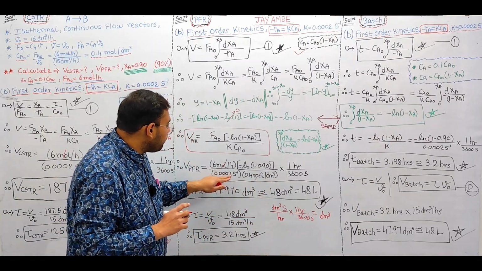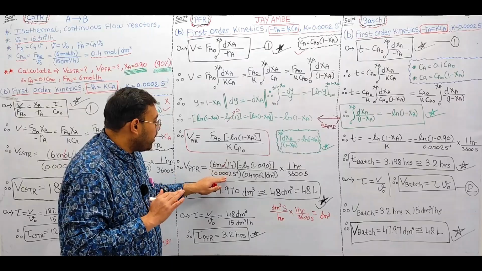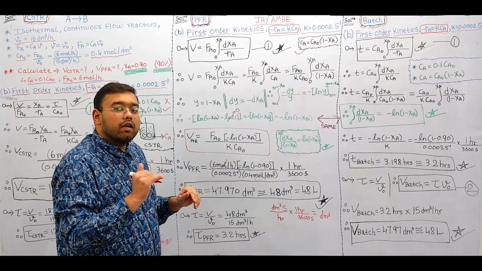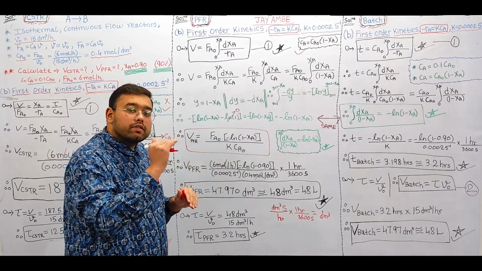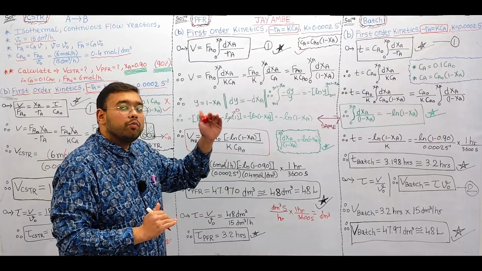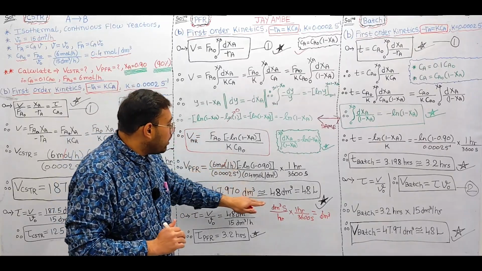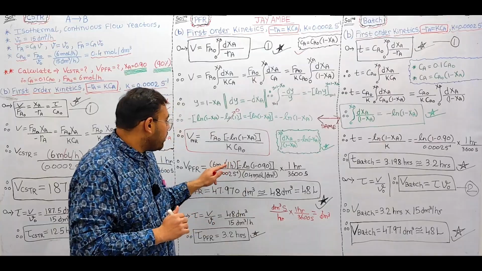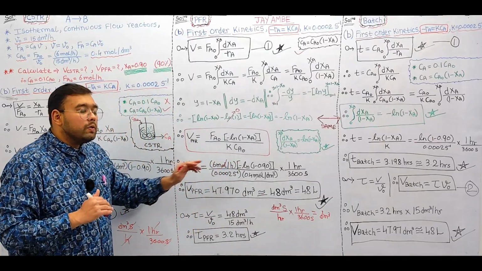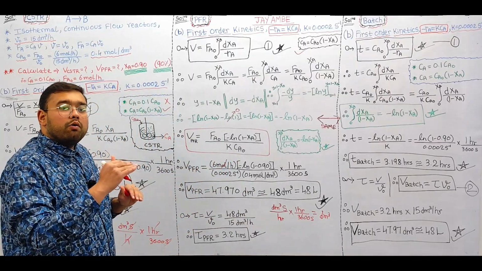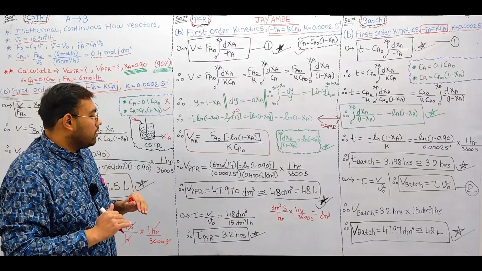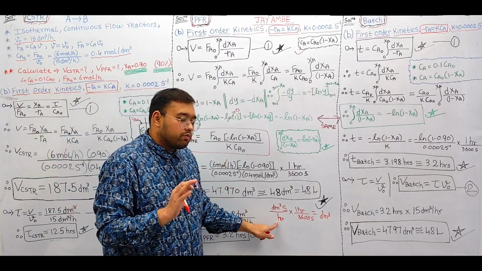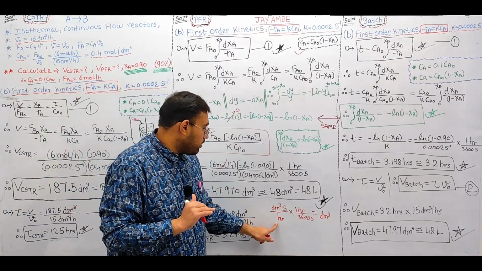Here in the denominator we have second inverse, which means 1 by second, so seconds will come in the numerator. Similarly, in the numerator we have moles per hour, which means we have hours in the denominator, so hours will come to the denominator, right?